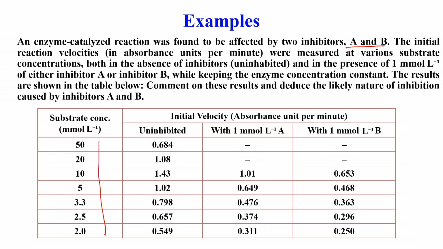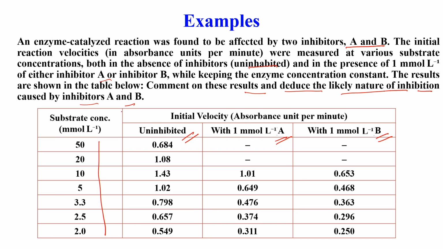You just see, substrate concentration was varied from 2 to 50 millimole per liter, in the absence of inhibitor, this is the uninhibited case, and in the presence of 1 millimole per liter of either inhibitor A or inhibitor B. The results are shown in the table below. Comment on these results and deduce the likely nature of inhibition caused by inhibitors A and B.